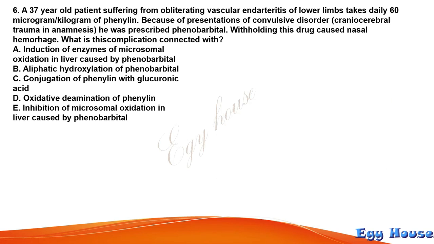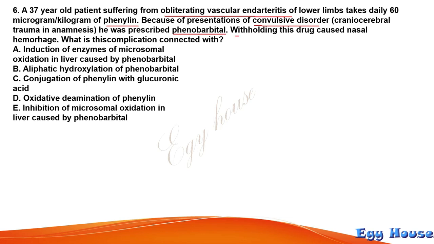Next question. In this question, the patient is suffering from obliterating endarteritis of the lower limbs. He was taking phenylin, as you can see. But he was having some convulsive disorders, and he was prescribed phenobarbital.